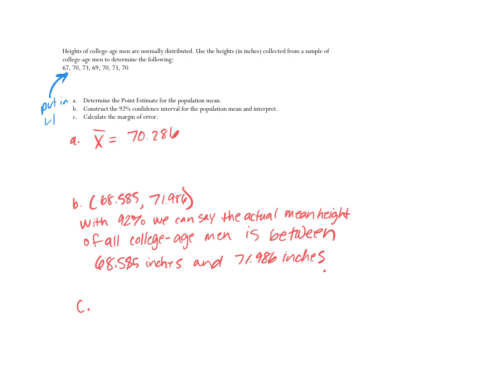Would it be 70 plus or minus? Well, so here's what we know. 70.286 plus our margin of error gave us 71.986. Does that make sense? 1.70. And again, that would be in inches.